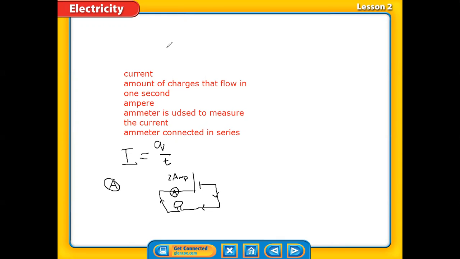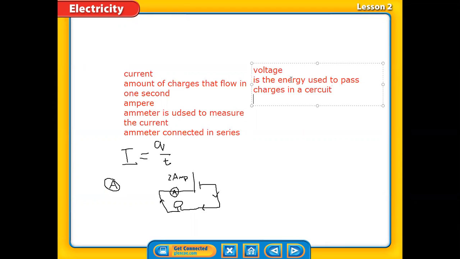But on the other hand, let's look at the voltage. Once we talk about voltage, we said that voltage is the energy used to pass charges in a circuit.